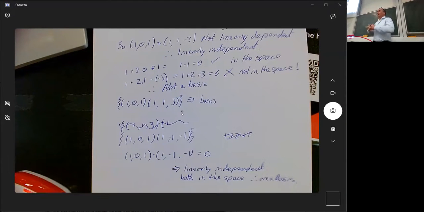So if I say this is an orthogonal set of vectors, it doesn't form a basis for this thing. I want to show that they're orthogonal, but then I want to show that they're in the space, and then it's just a matter of have I got enough of them?